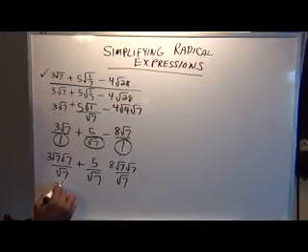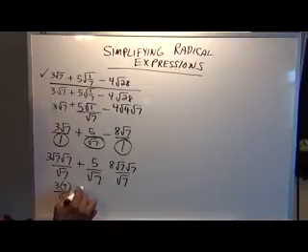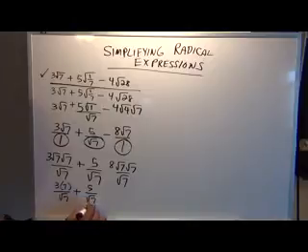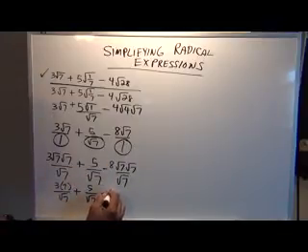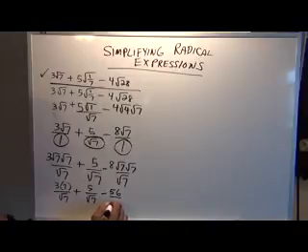So it'll be 3 times 7 over the square root of 7. Plus, we just bring that down since nothing changed here: 5 over the square root of 7. And then we have minus 8 times the square root of 7 times the square root of 7, which is 8 times 7, which is 56 over the square root of 7.